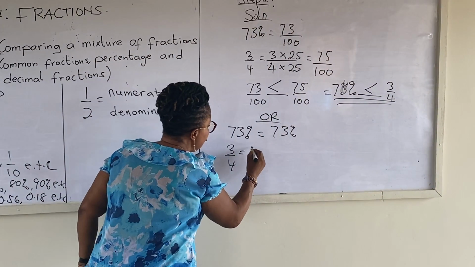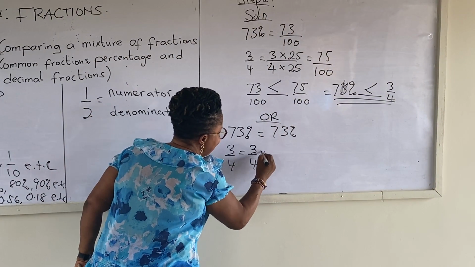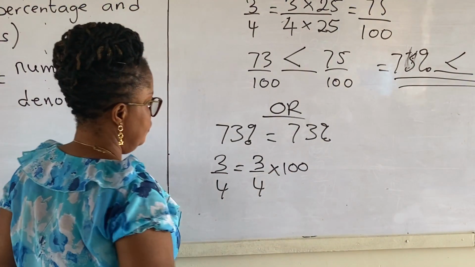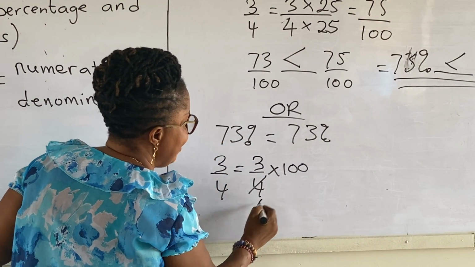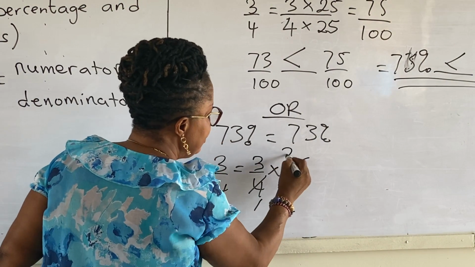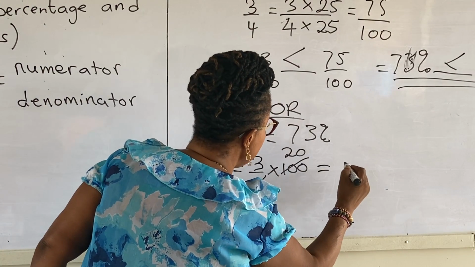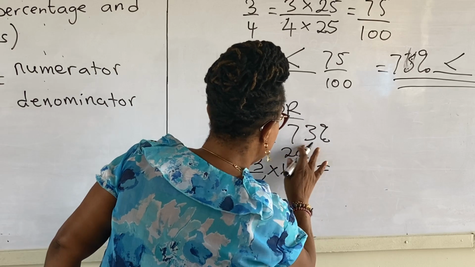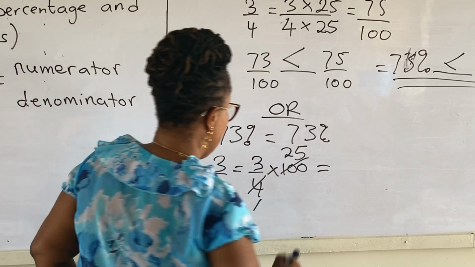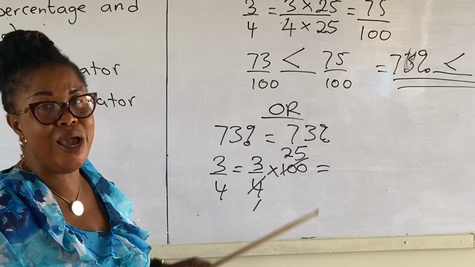So we are going to multiply 3/4 times 100. 4 will go into 100, 25 times.